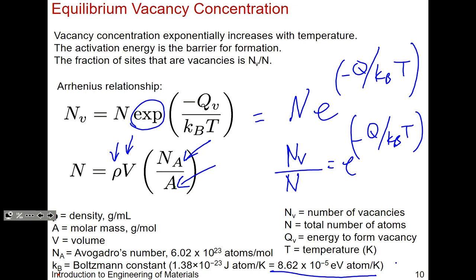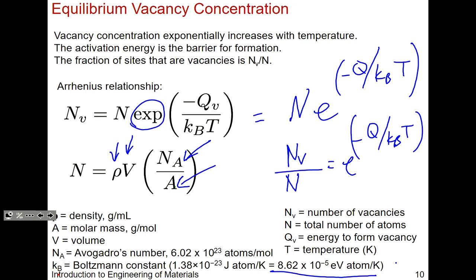If you tell me, oh, I have 1 times 10 to the 20 sites, that's less helpful than if you communicate with someone, I have 10% vacancies. Oh, okay, that's really defective. I have 1% vacancy concentration. Oh, okay, you have fewer vacancies there. So we tend not to work in absolute numbers, but obviously we can convert the absolute numbers into the concentration or into the fraction by just dividing out by N.